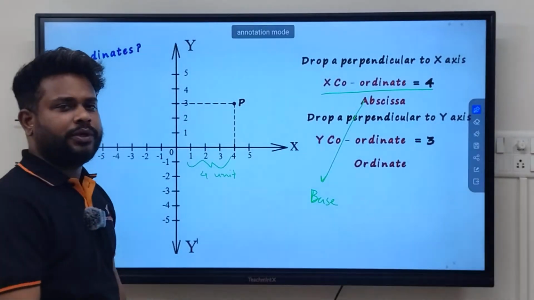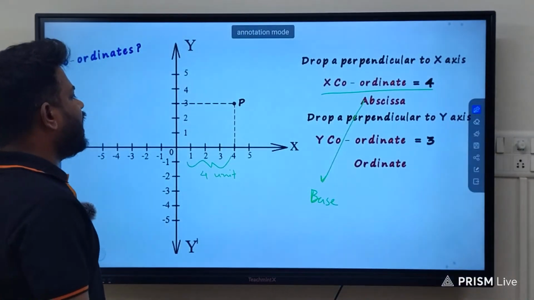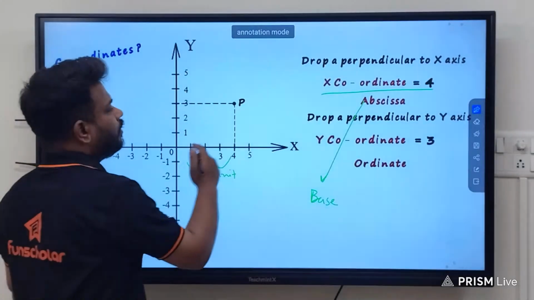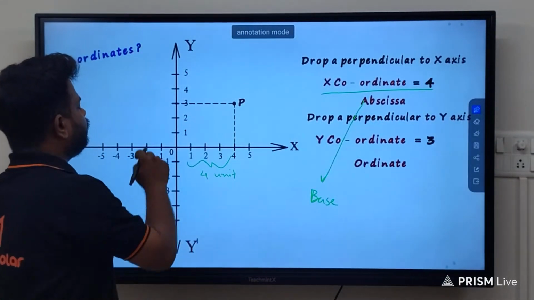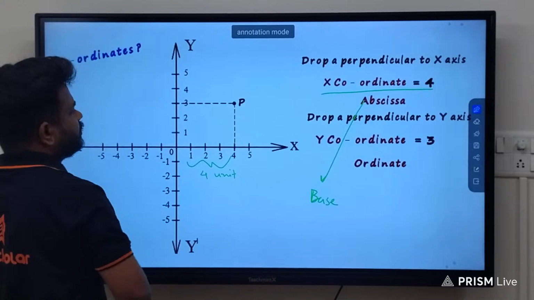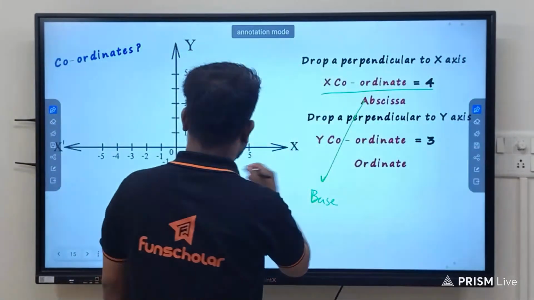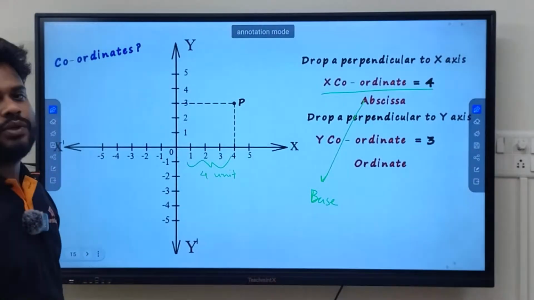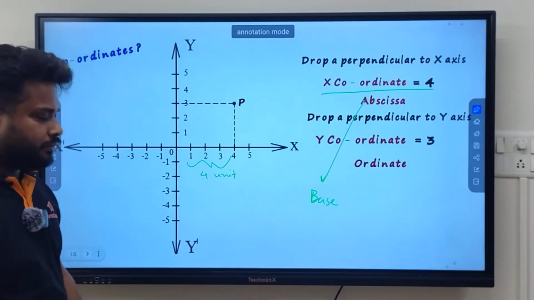And the distance from the origin along the y-axis, the y ordinate, will be 3, and this will be called the ordinate, right?